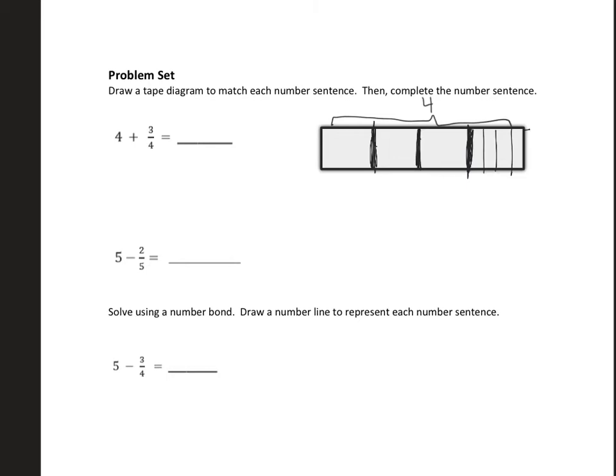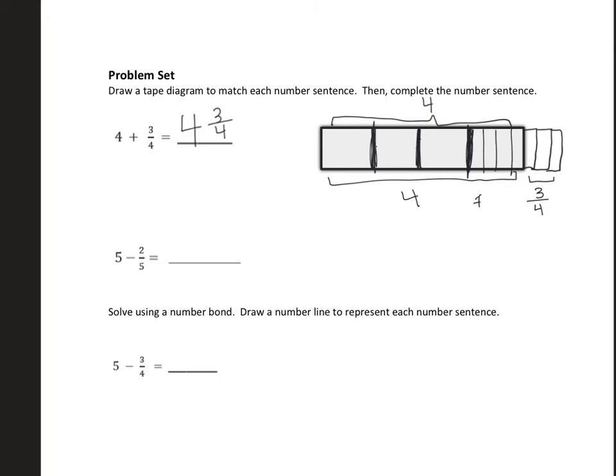I'm just going to draw 1/4, 2/4, and 3/4, okay? Just like that. So now I can see that I have 4 wholes here plus 3/4 here. And that's going to give me a total of 4 and 3/4. Okay? So that is your answer for the first one.